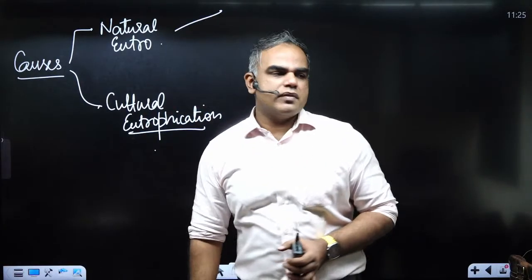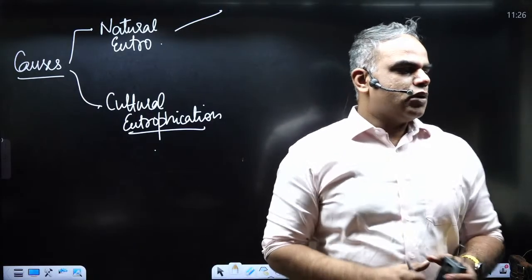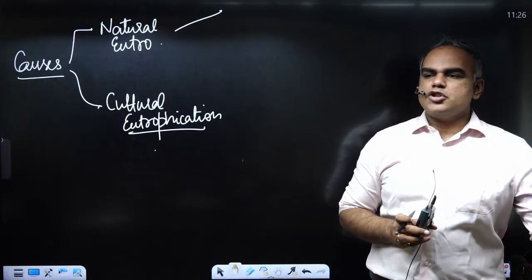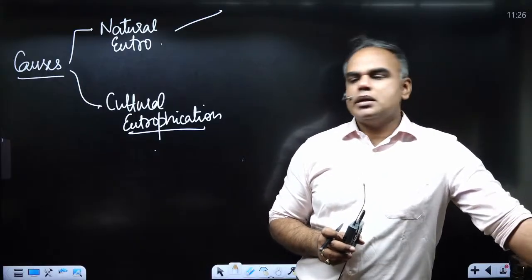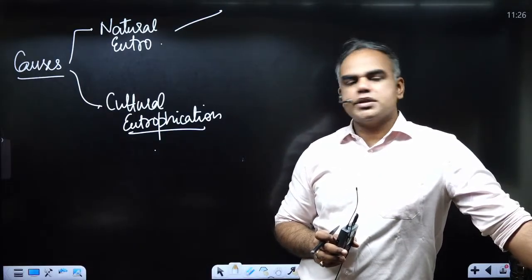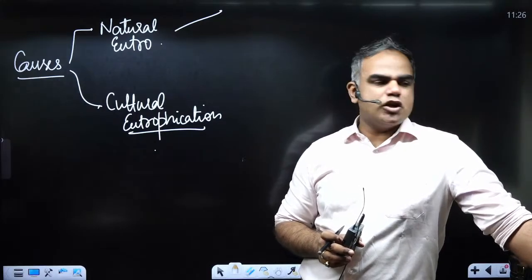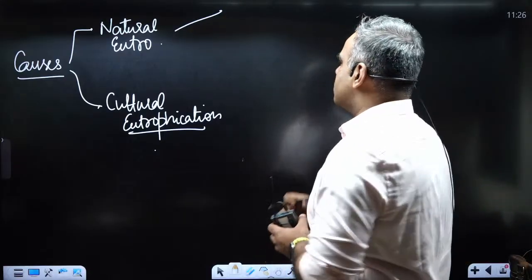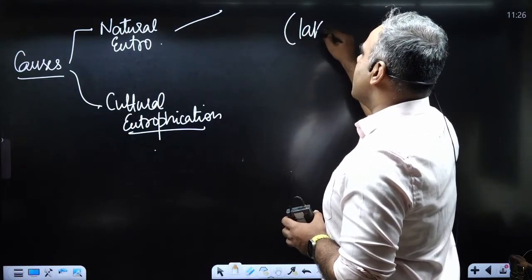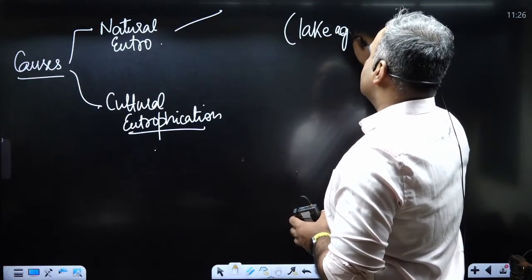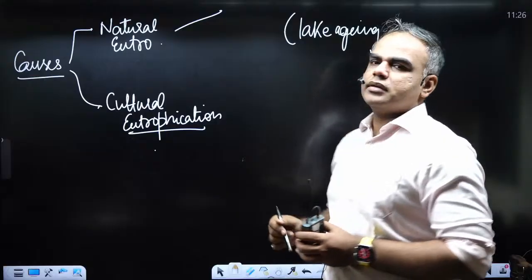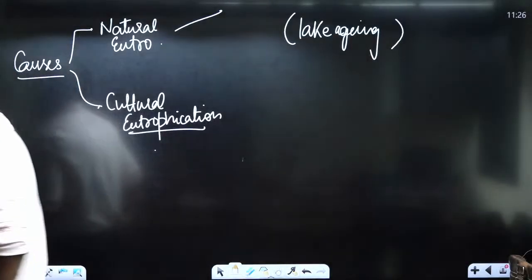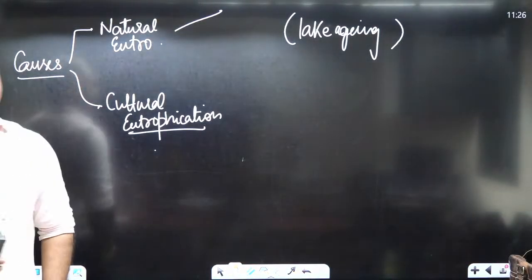Natural eutrophication में you can give, देखो, it is gradual accumulation of nutrients over centuries. This is also known as, you can write in bracket, lake aging. The aging of lake. And it's a very slow process, natural wala.